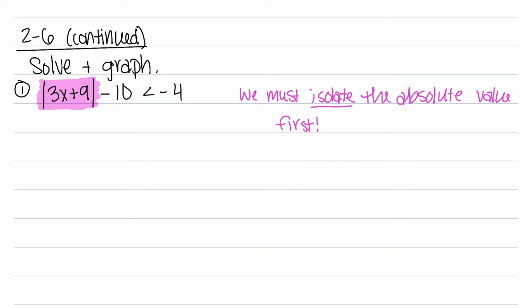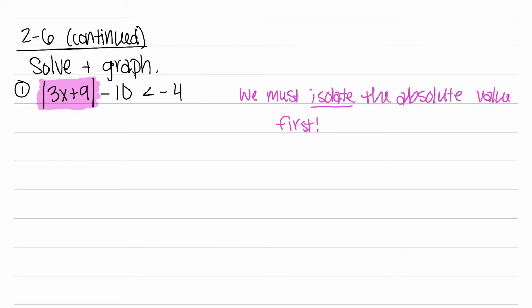So we see a minus 10 over there. That means we have to get rid of that before we can solve. And I know you might have noticed that we have this less than a negative, but we can't decide about any special solutions until we have the absolute value by itself.